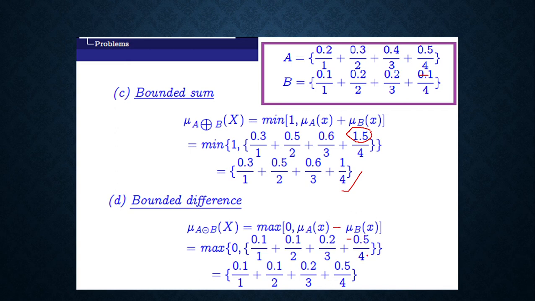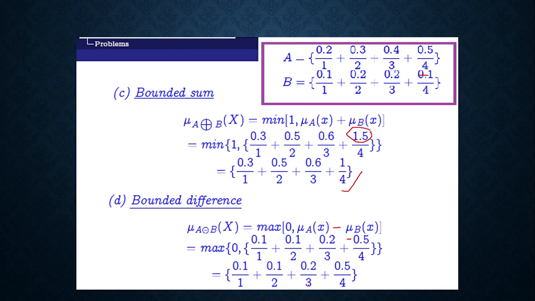0.5 by 4, right? The membership value of element 4 is minus 0.5 in the resultant solution. Now you have to take maximum. Of 0 or 0.1, 0.1 is maximum for element 1. Similarly, for element 2, the resultant would be 0.1. And for element 3, of 0 or 0.2, 0.2 is maximum.